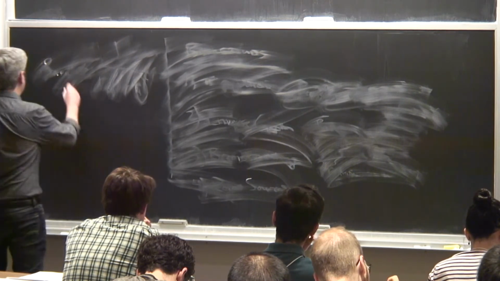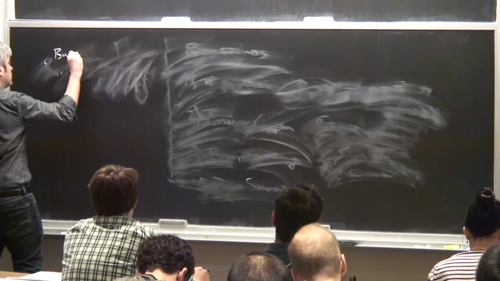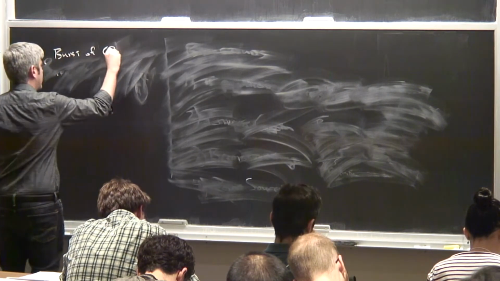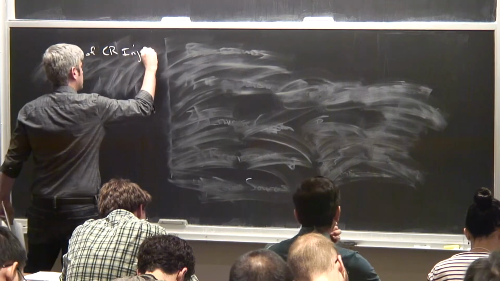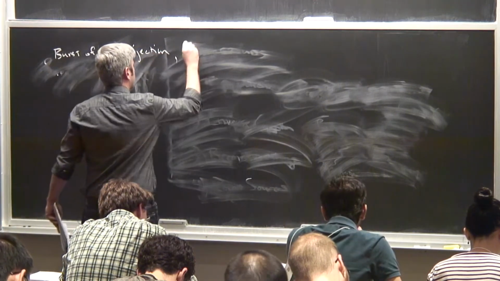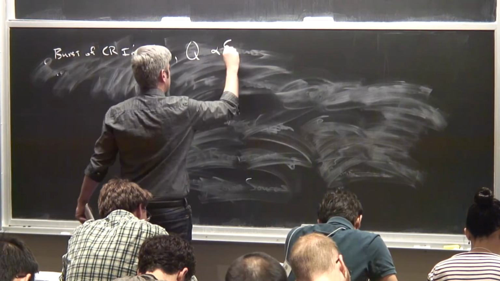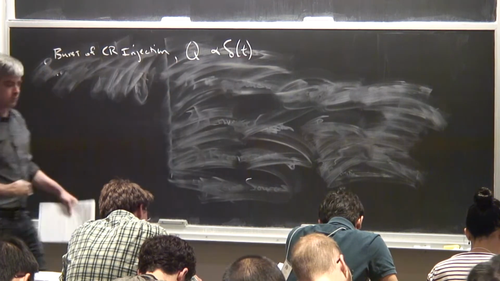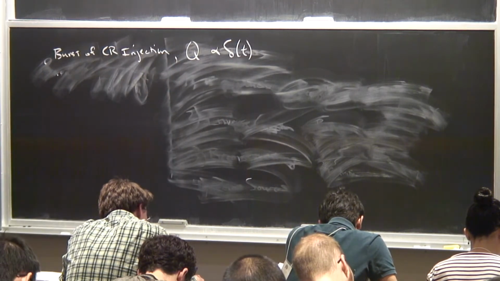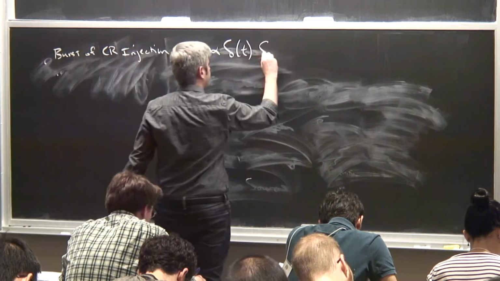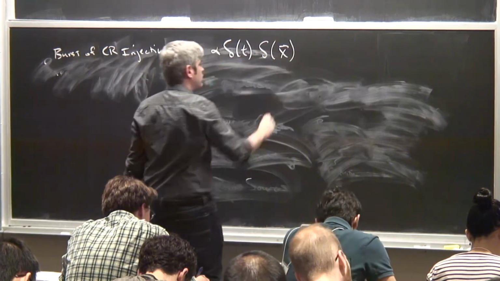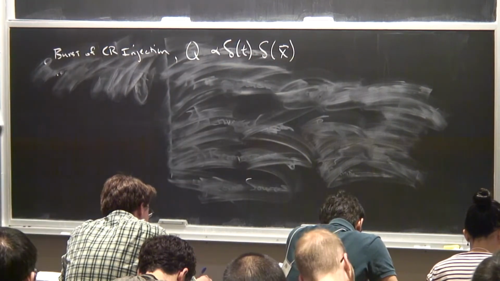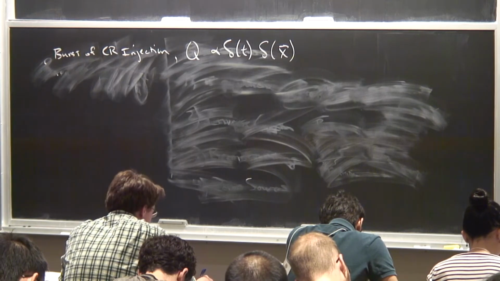So let's consider a burst of cosmic ray injection. In other words, Q is going to be a delta function in time and a delta function in location. So there's some object out there, it explodes and dumps a bunch of cosmic rays all at once.